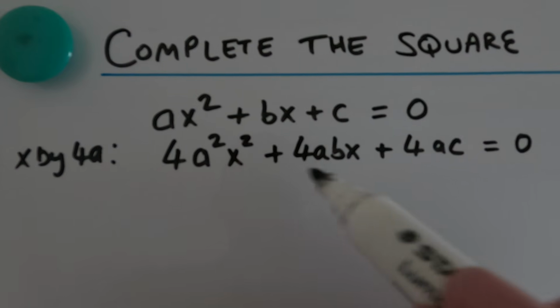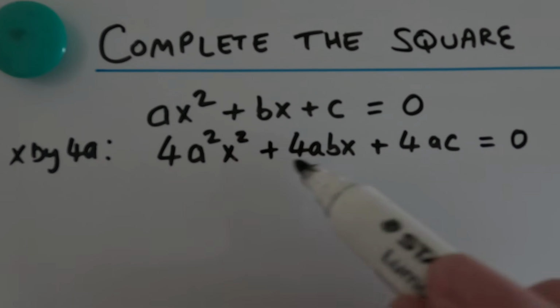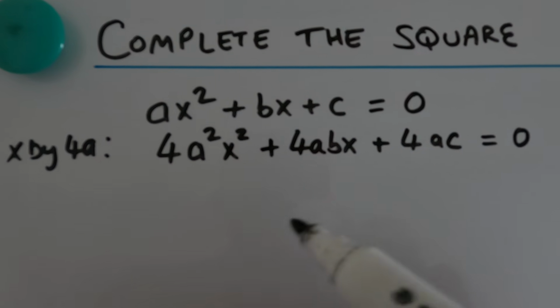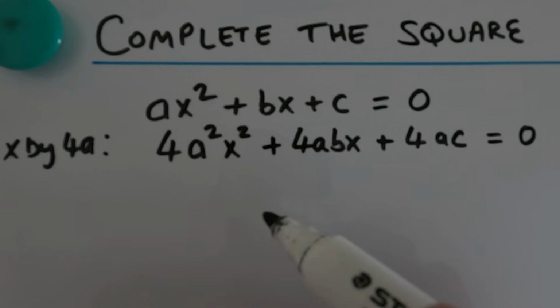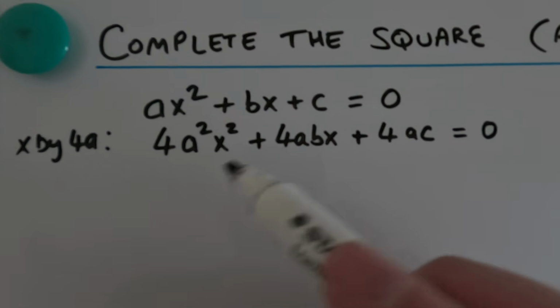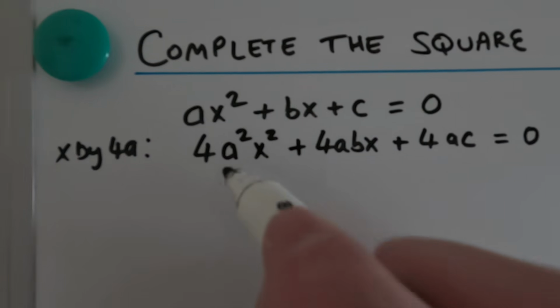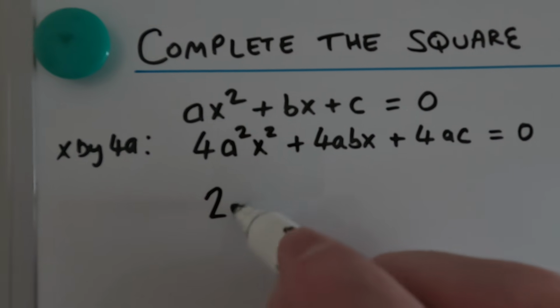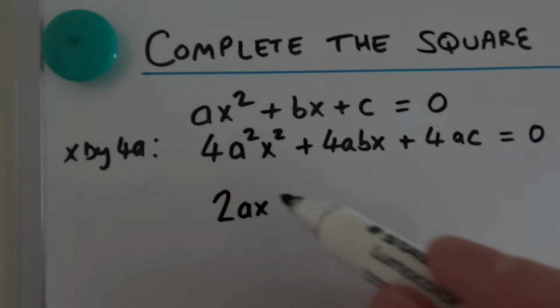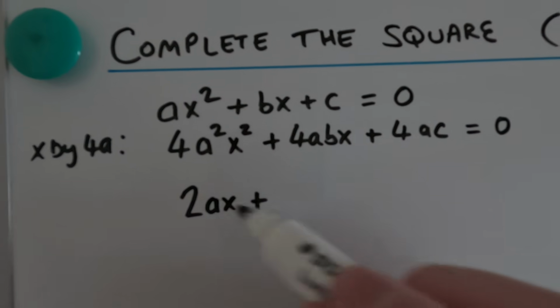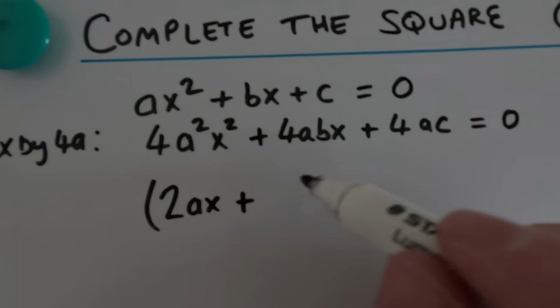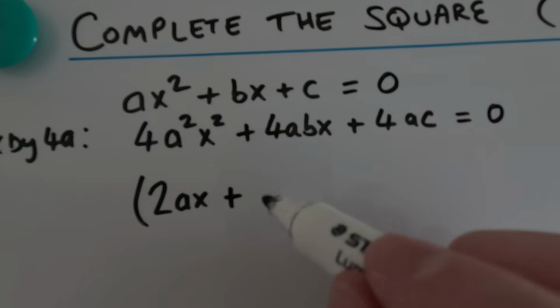So this is twice of what? This is twice 2abx. Okay, and this is 2ax all squared. Okay, so we need to get that term down first. Okay, so let's get that down. So that's 2ax. Okay, plus, so let's start putting our brackets and getting our squares and things.